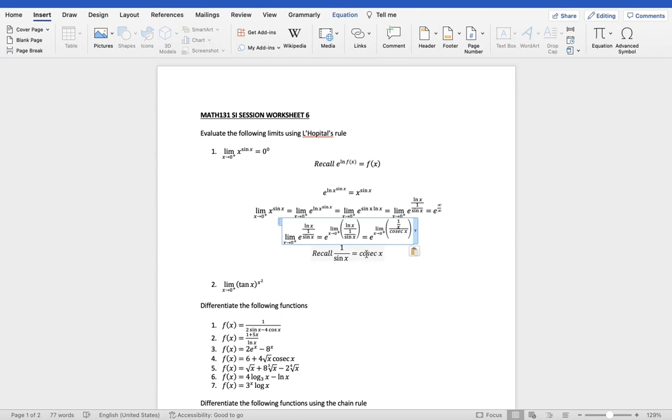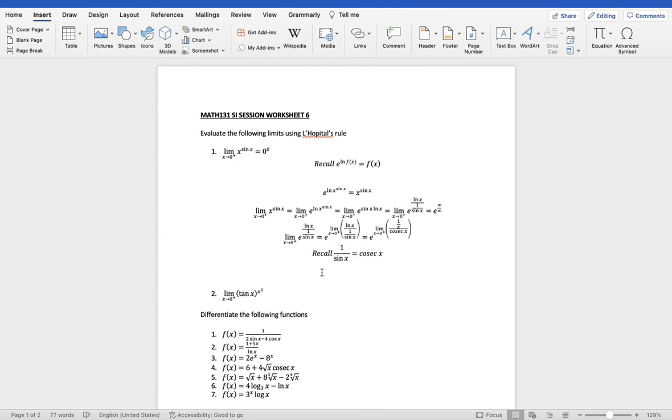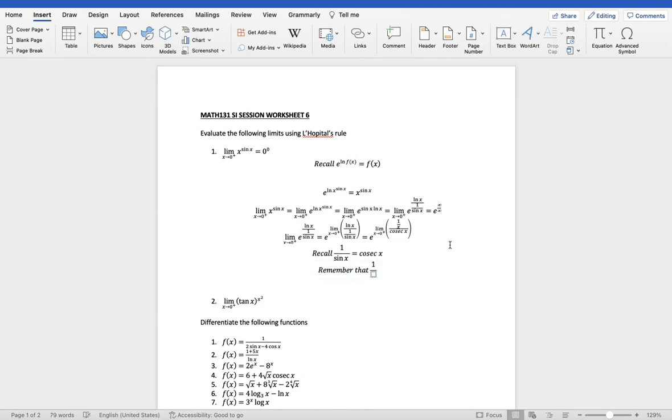And then also remember that 1 over sine of x is not the same as sine inverse of x.